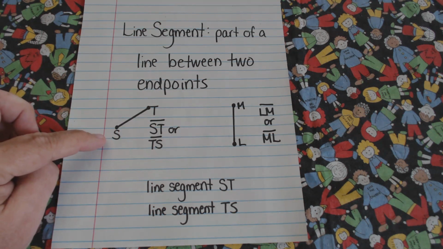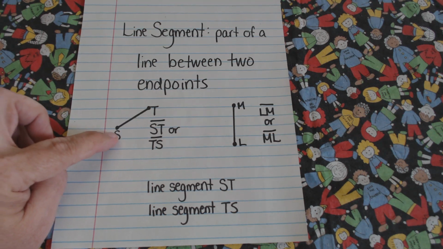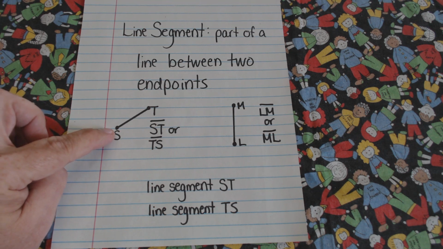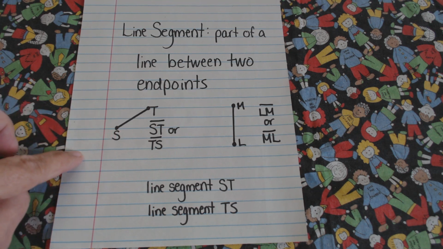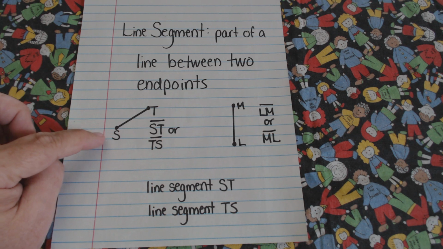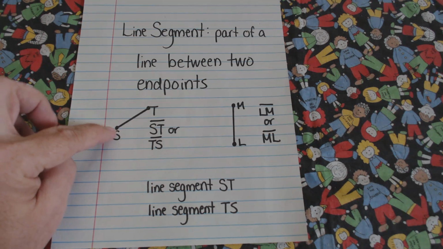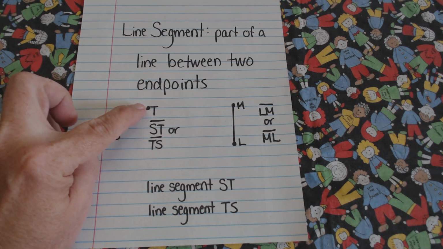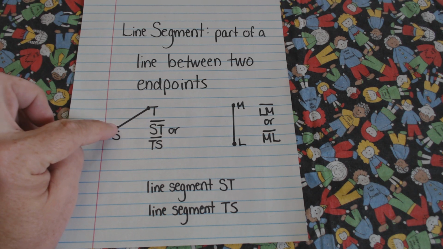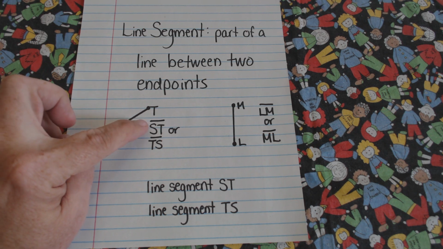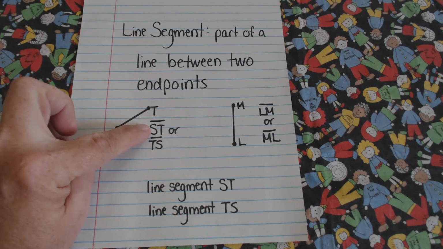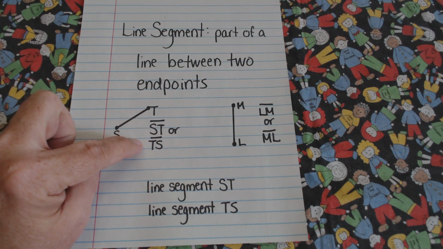So we might have a line segment here, ST. Notice there are no arrows that indicate that this goes on forever. A line segment has a beginning and an end. Much like with lines, we can label this as line segment ST or line segment TS.